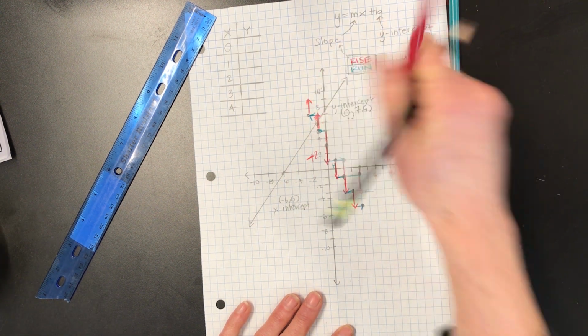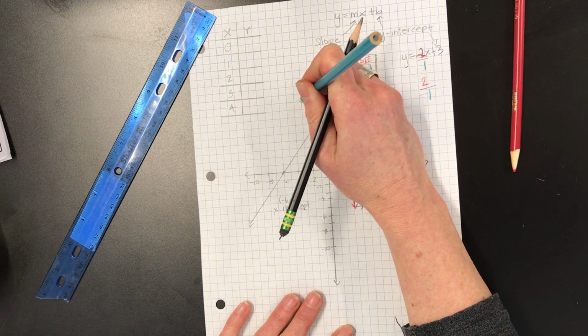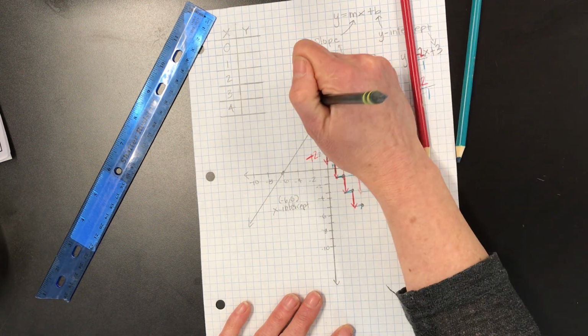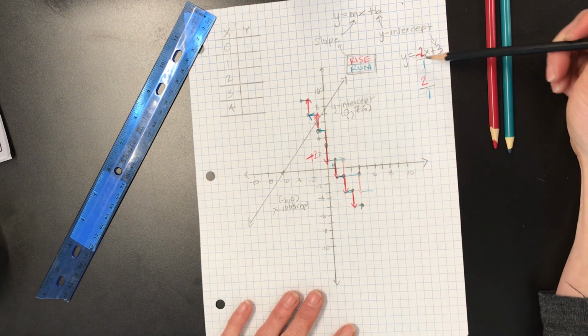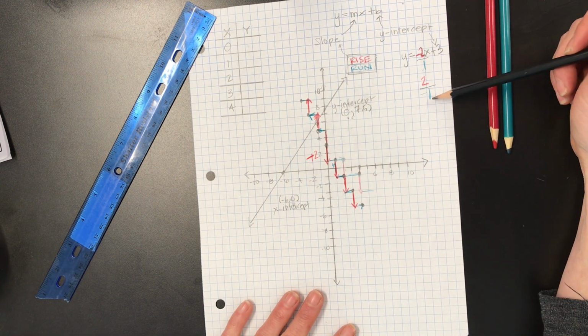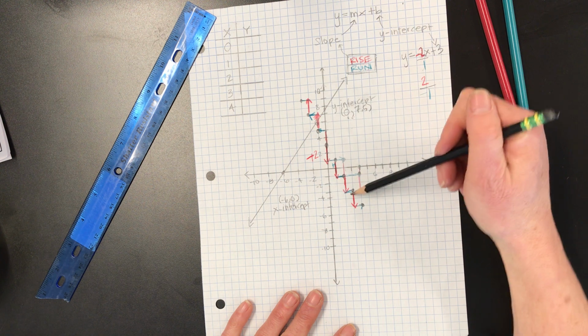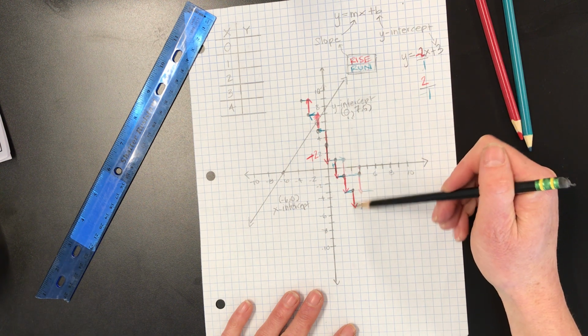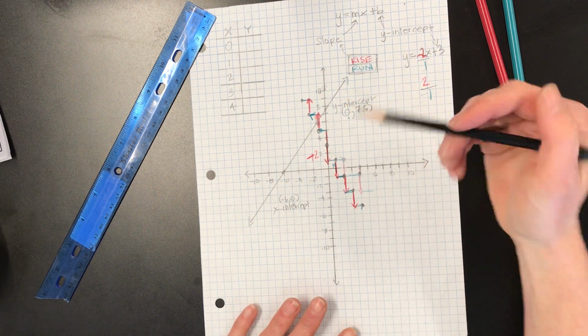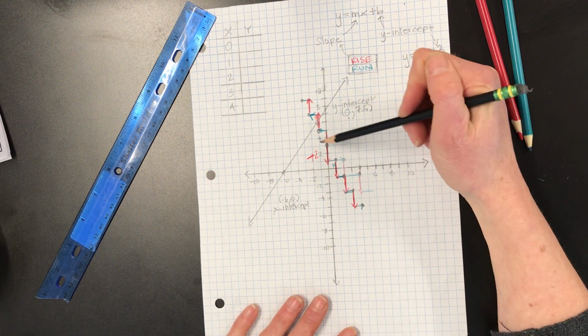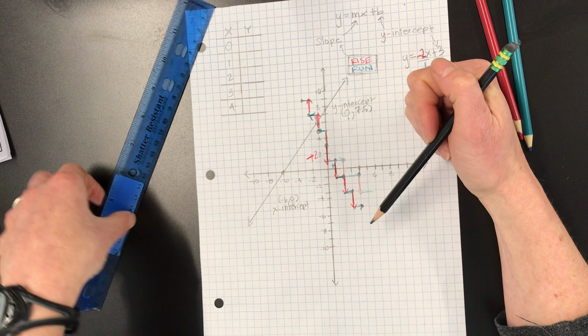So important here is to maintain, since we know this is a linear relationship, all my points have to fall on the same line, and I want to double check with my slope as I'm rising and running, drawing those points. Again, rising is my change in y, running is my change in x. So I started here at my y-intercept, and I went in both directions.